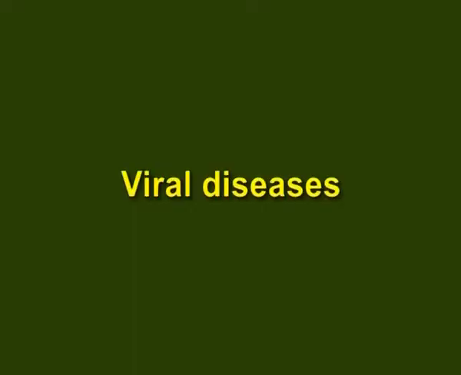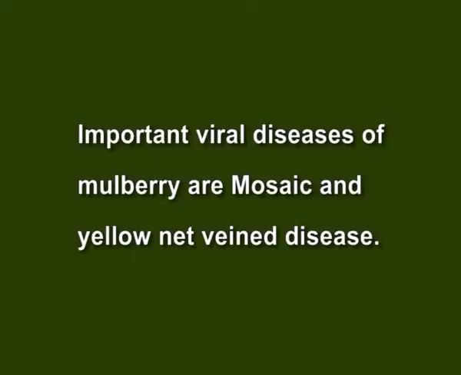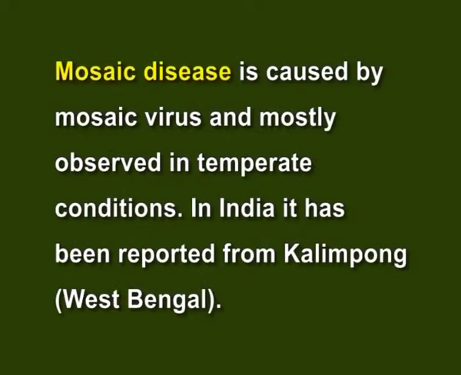We have already learnt few parasitic diseases caused by fungi and bacteria. Now let us know in brief about diseases caused by virus and MLOs in mulberry. Viral diseases. Important viral diseases of mulberry are mosaic and yellow net vein disease. Mosaic disease is caused by mosaic virus and mostly observed in temperate conditions. In India, it has been reported from Kalimpong, West Bengal.